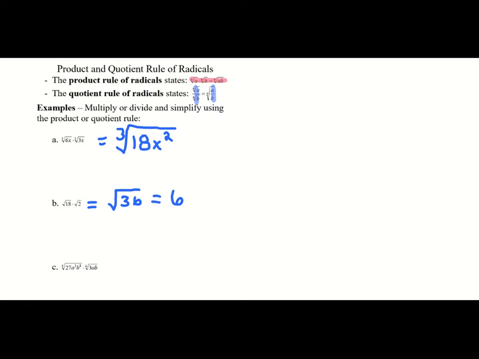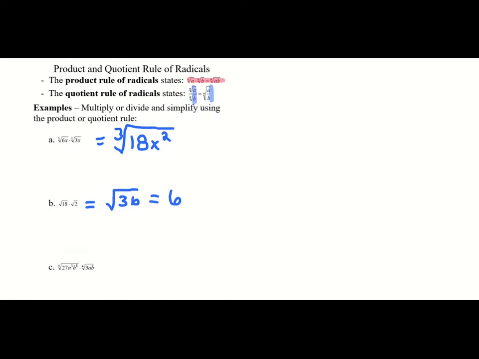And then for letter C, the last one on this page, we have the fourth root of 27 a cubed b to the 8th power, times the fourth root of 3ab. So again, both of the indexes are the same, so I can multiply it together. And I'm going to end up with the fourth root of 27 times 3, I am going to use my calculator real quick, is 81.